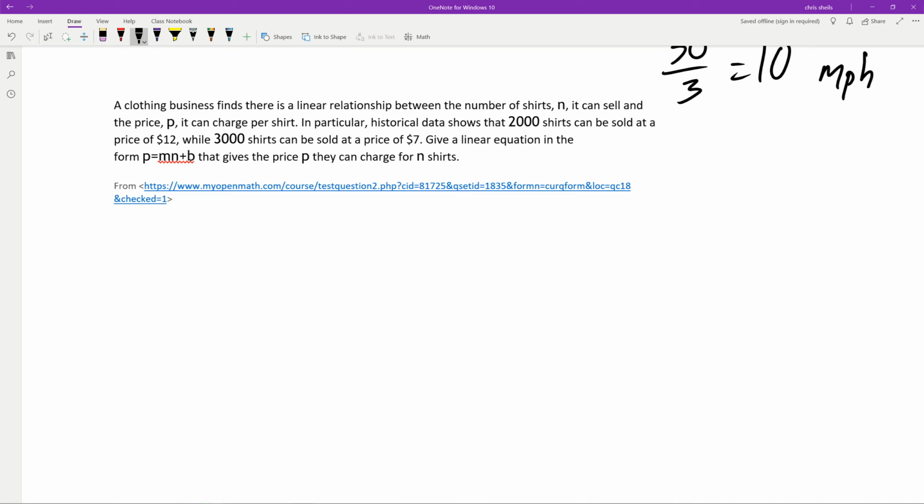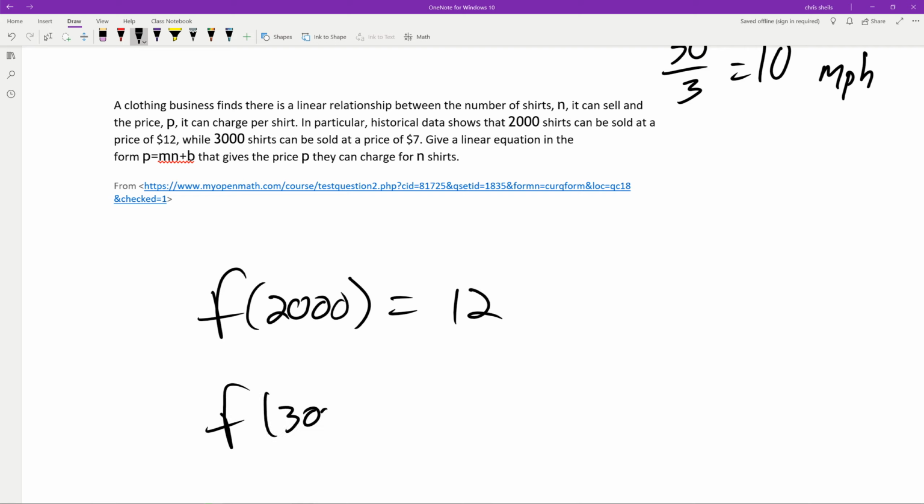And I want the number of shirts to be the input. Sorry, sometimes even I make mistakes whenever I don't read the problem entirely thoroughly. So let's look at this again. I want my number of shirts to be the input, N. So I want F of 2,000 to be 12. I want F of 3,000 to be 7, because the price P should be my output here. It's the thing on the left-hand side of the equation.